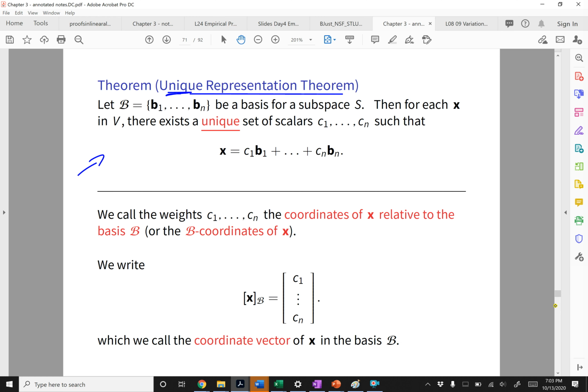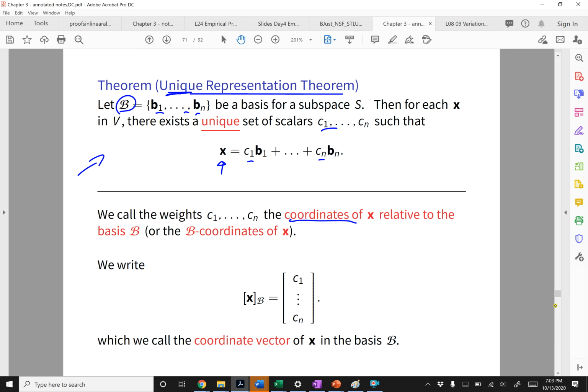That's what this theorem says. If we're trying to write x as a combination of these b's in our basis script B, then these scalars, c1 to cn, are unique. So there's only one. And we call these c's, these weights, coordinates.